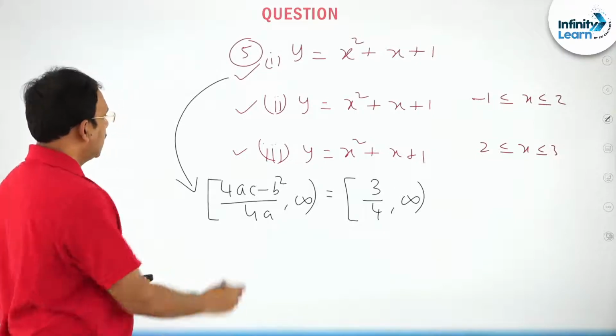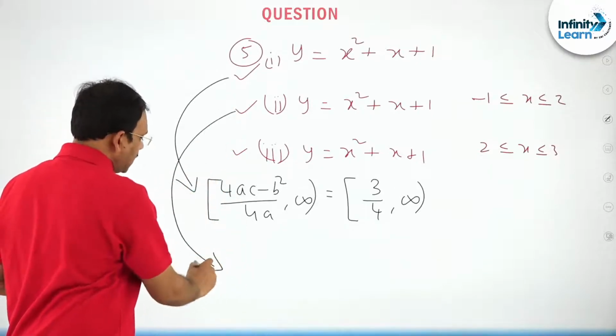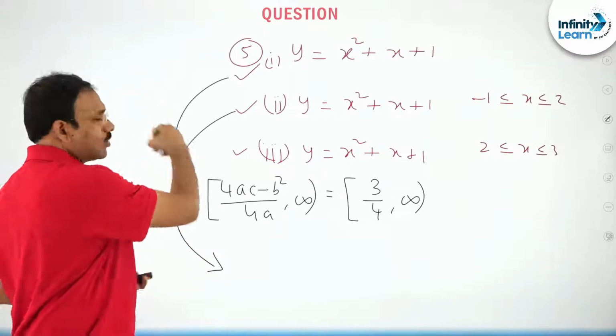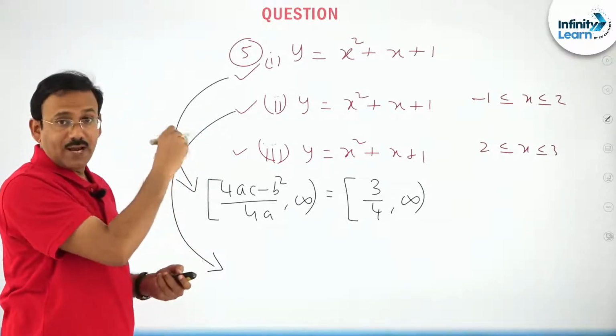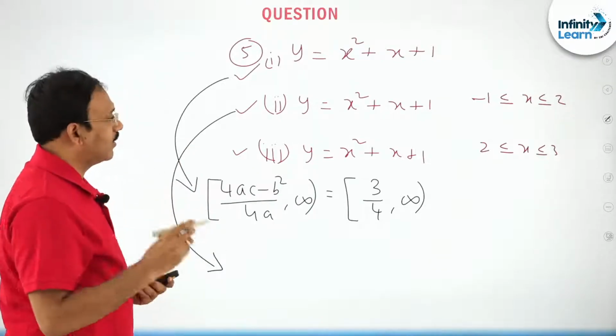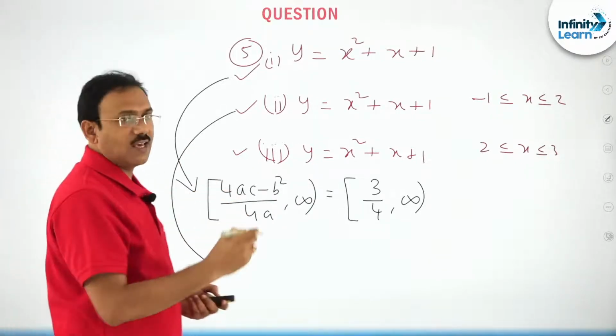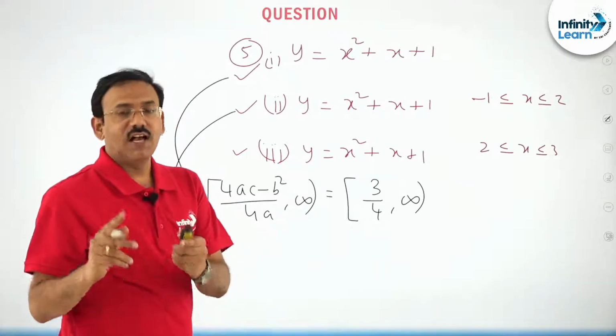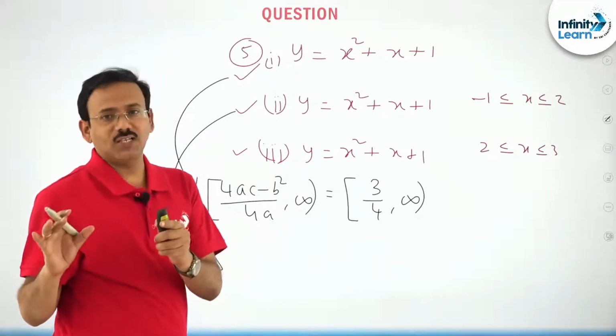Whereas, friends, in the second case x is restricted, so with the shortcut, actually you won't get the total parabola. Here you will get some part of the parabola. My suggestion in this case, to find the range of a restricted quadratic expression, I am going to give a beautiful shortcut, friends.